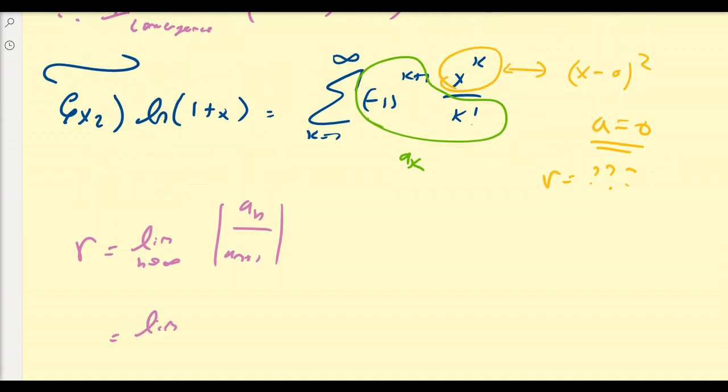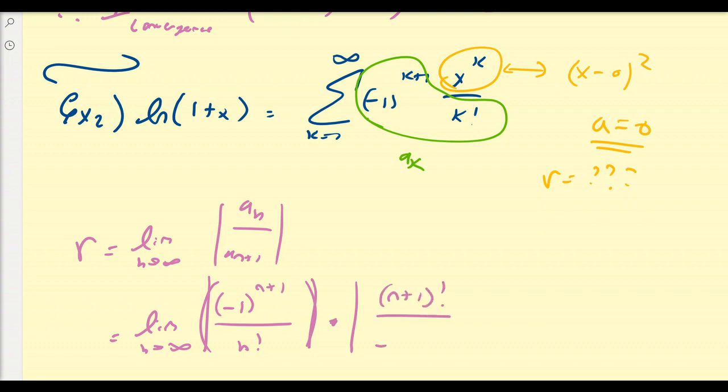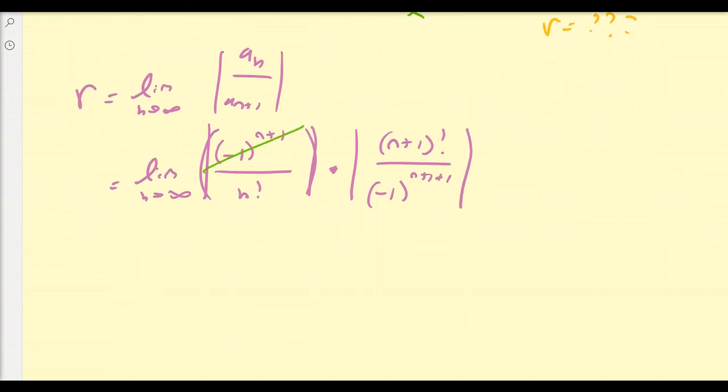So this is going to be equal to the limit as n goes to infinity of a n, so that's going to be negative 1 to the n plus 1 all over n, times the reciprocal of the other part, which is going to be equal to n plus 1 divided by negative 1 to the n plus 1 plus 1. So the absolute value of negative 1 to any power is going to be 1. So this is just going to be equal to the limit as n goes to infinity of n plus 1 over n.